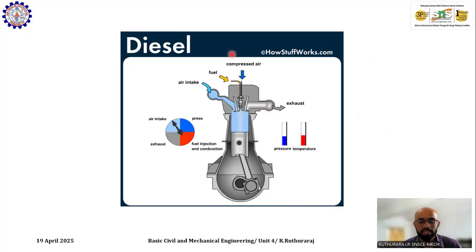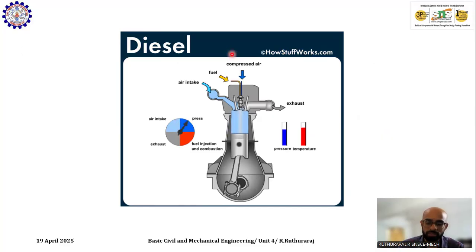That's why in your two-wheelers and small cars, you are using petrol engines. Whereas if you go for trucks, lorries, or even bigger ships, you will be using a diesel engine. The reason for going for a diesel engine is that it will deliver high power and it will be able to handle higher torques.